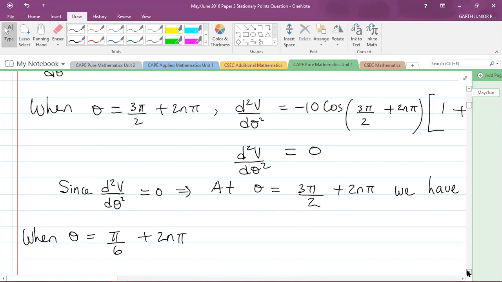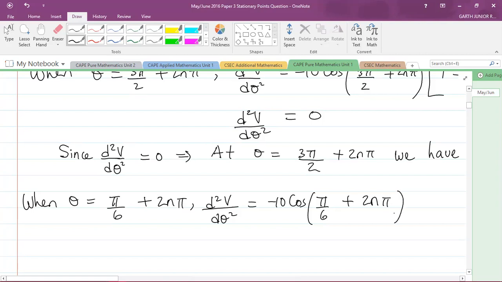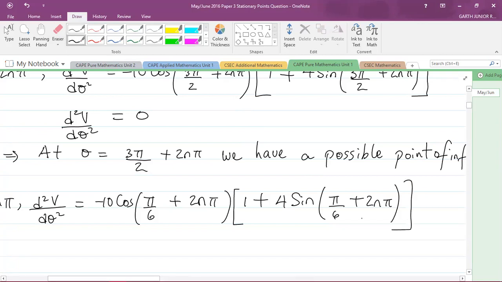So I can therefore say that d2v by d theta squared is equal to negative 10 times the cosine of theta, which is pi over 6 plus 2n pi, and we're going to multiply that now by 1 plus 4 times the sine of theta, which is pi over 6 plus 2n pi. Great. That is what we have.